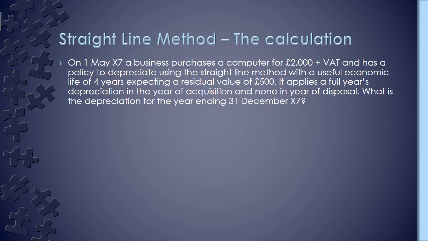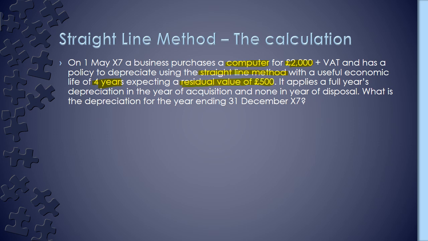Okay, so same question then, just with a slight difference. So let's just go through it again and highlight our key points. Okay, so we've got a computer. A business purchases a computer for £2,000 plus VAT and has a policy to depreciate using the straight line method with a useful economic life of 4 years, but they're expecting a residual value of £500.